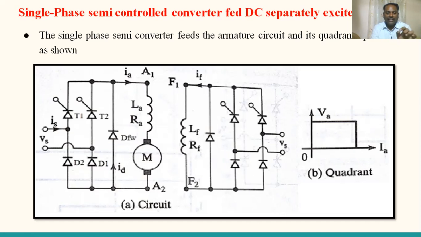The armature is fed by the single phase semi-controlled converter having switches T1, T2 as control switches, D1, D2 as uncontrolled switches. The field circuit is excited by an external converter. When field control is required, this converter is used. If field control is not required, there is no need of any converter. So this is the description of the circuit. Now let the supply voltage be defined as Vs equal to Vm sin omega t.